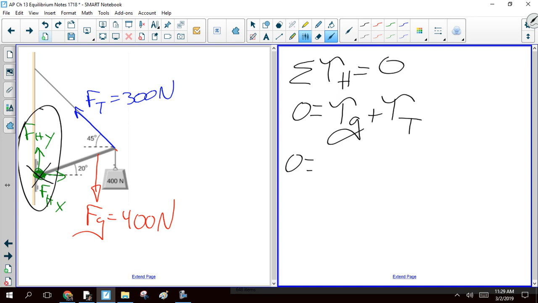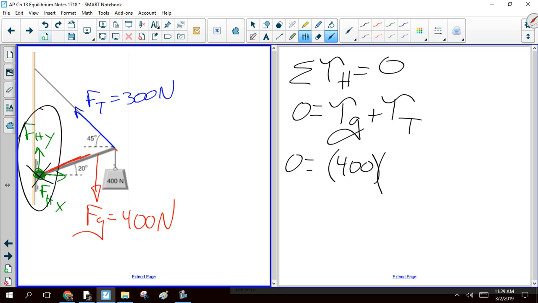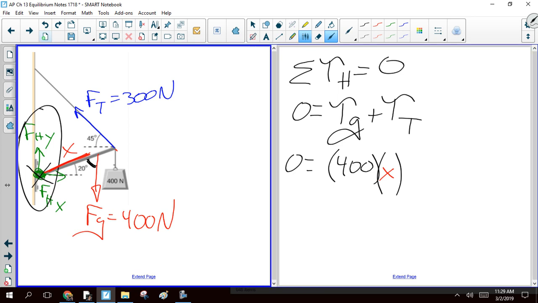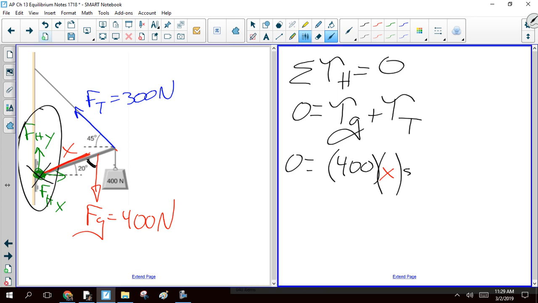So 0 equals, let's see, torque from gravity is going to be the force of gravity, 400, times, well, let's see, my lever arm is this. That's my unknown, right? So we can call that x times the sine of this angle, which has got to be 70 degrees, right?